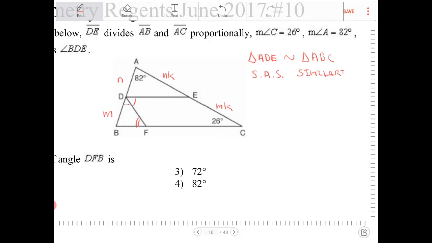I know this because both triangles are sharing angle A. Both triangles, if I compare the side lengths now, AD to, say, AB, so it will be n to m plus n. This proportion will hold true for AE to AC. So AE is nk, and AC is nk plus mk.